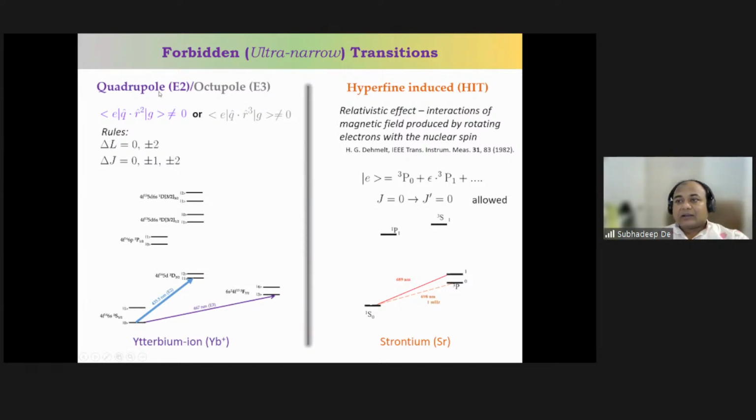So these are classically forbidden transitions, but quantum mechanically they are allowed, and as a result, they are very narrow. So instead of tens of megahertz, their line widths are nanohertz or millihertz. So that means you gain by several orders of magnitude in terms of accuracy. So practically speaking, not any optical transition will be helpful to build a clock, but you have to choose the transition which has very narrow line widths.